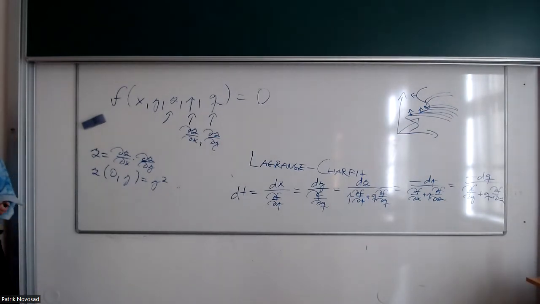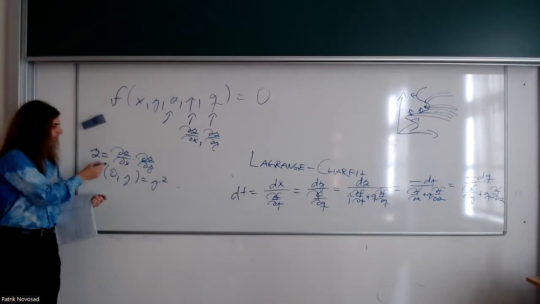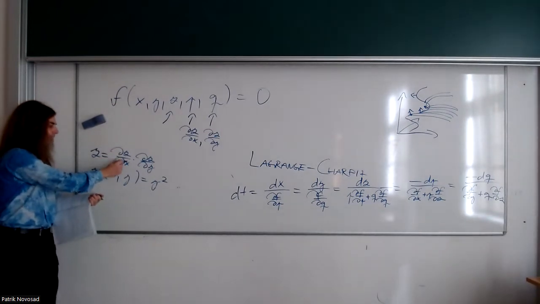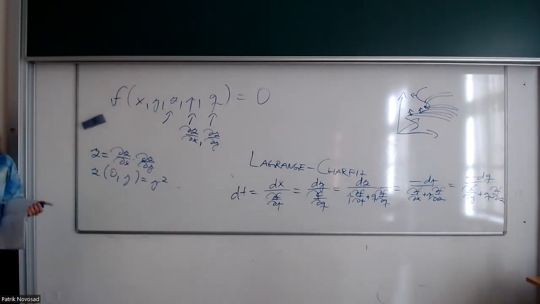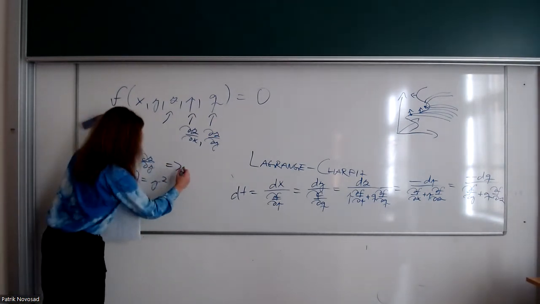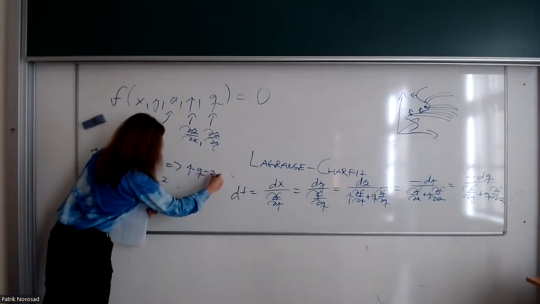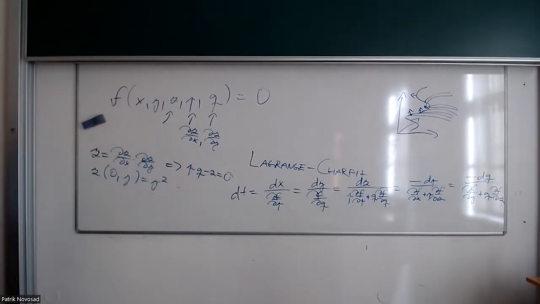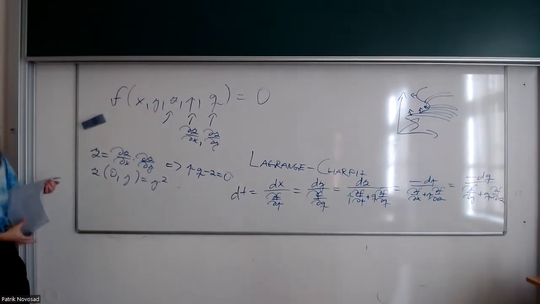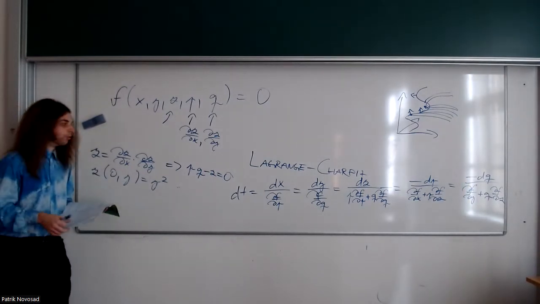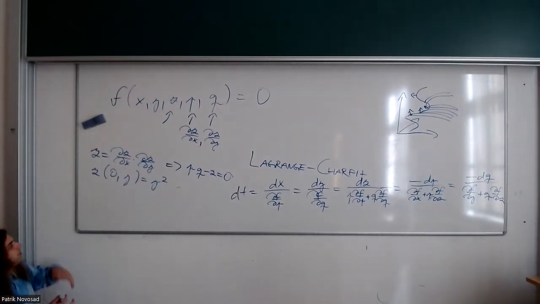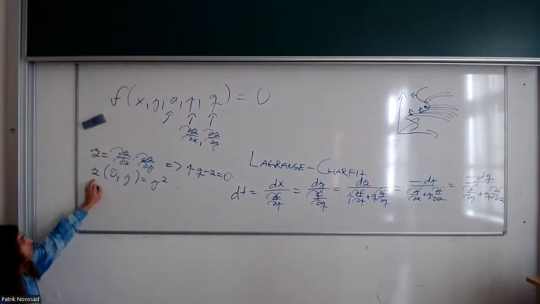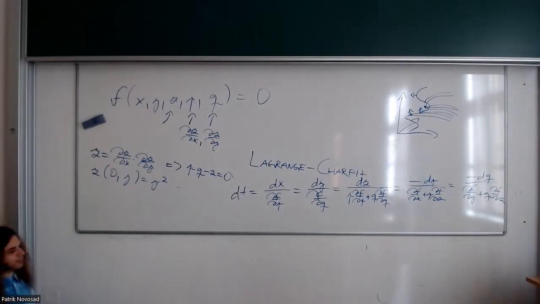What is the first equation? z is equal to the part of the derivative with respect to x, so it's z is equal to pq. I can rewrite it in this form. So having this equation and this kind of initial data, we can rewrite this as some sort of parametric integral.